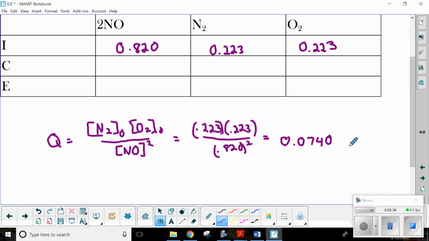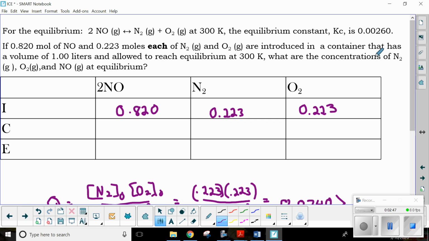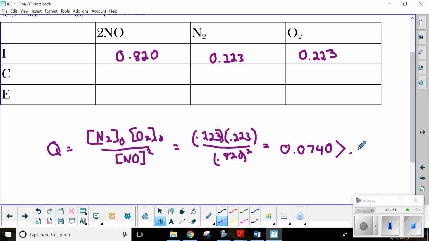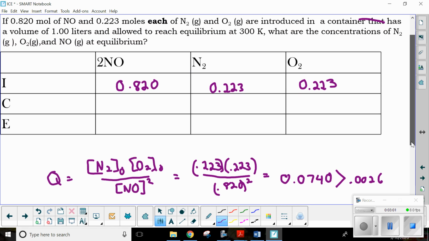And I'm not even caring about units at this point because this is an important piece of information. It is larger than the Kc value given of 0.00260. So what that tells me is when Q is larger than K, we got to shift to the left. We got to shift to the reactant side.